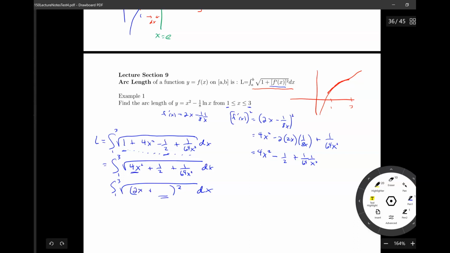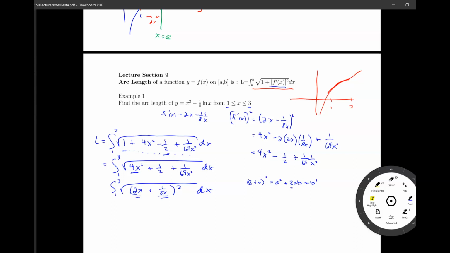And what would I need to square to get 1 over 64x squared? 1 over 8x. So if I multiply these two things together and multiply times 2, don't I get that? I do. Remember, what I'm thinking of is if I have a plus b squared, that's a squared plus 2ab plus b squared. So that's what I'm thinking of with this 2.